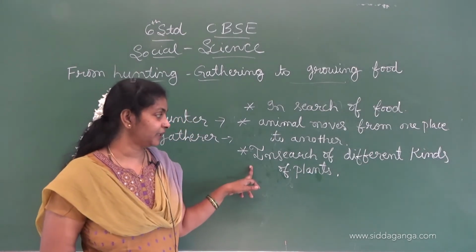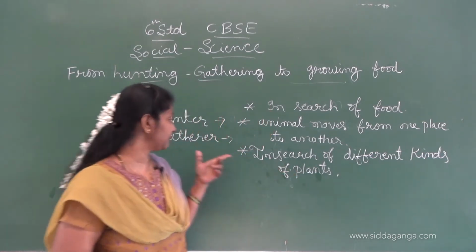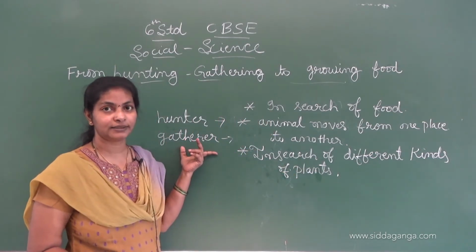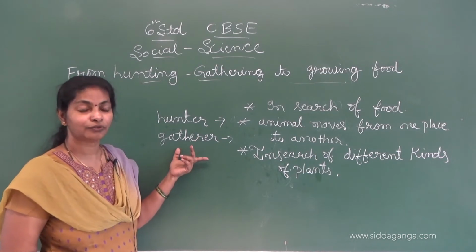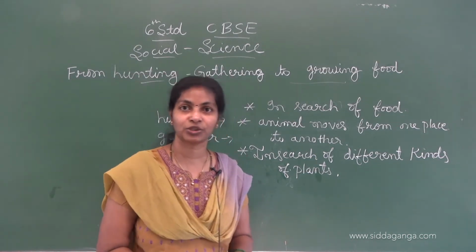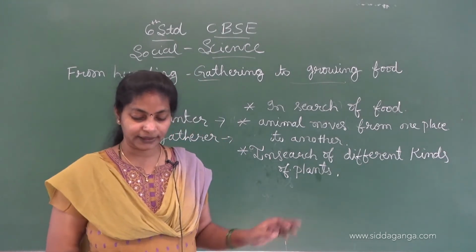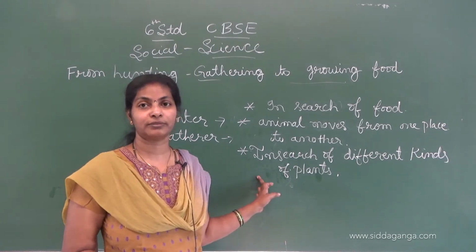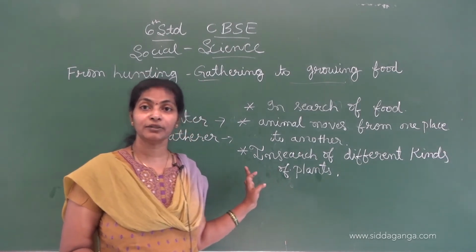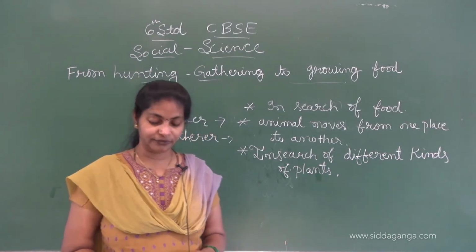Did you understand this point? In search of different kinds of plants. These gatherers wanted to gather fruits, roots, nuts, leaves, stalks, etc. The trees and plants bear fruits in different seasons.